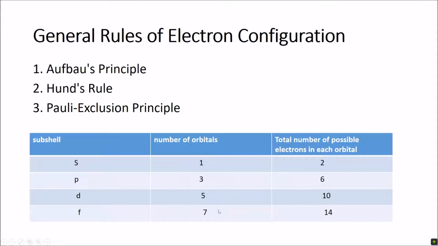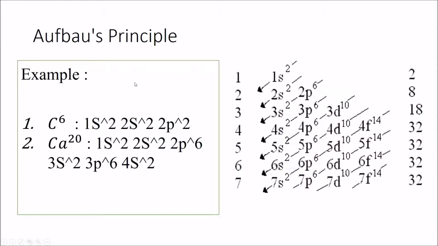If we multiply these numbers by 2, because only 2 electrons can occupy each orbital, we find the possible number of electrons in each subshell. For example, the s subshell is occupied by 2 electrons, and the last one, the f subshell, can be occupied by 14 electrons. Now I will talk about the Aufbau principle.